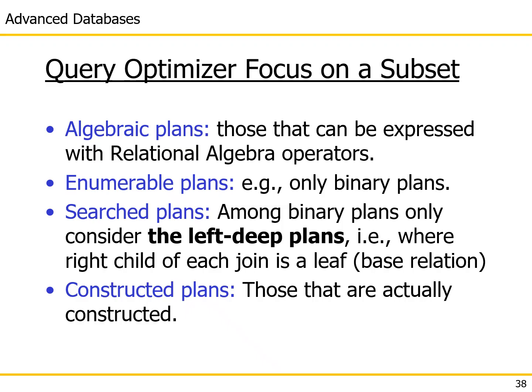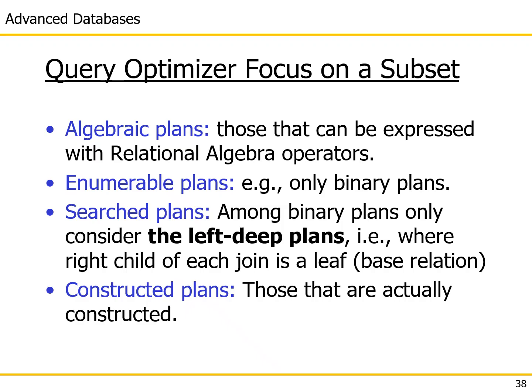And relational algebra trees themselves could be not binary. In fact, if you look at 3 or 4 lectures ago when I showed you a parse tree, I could translate that directly to a relational algebra tree.